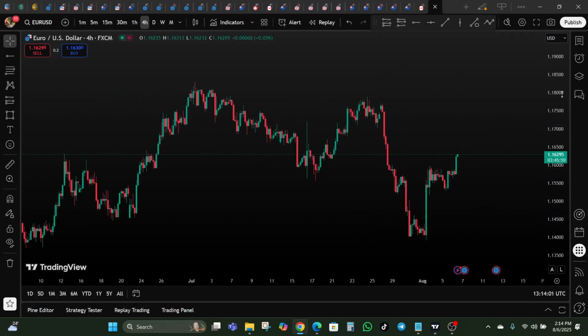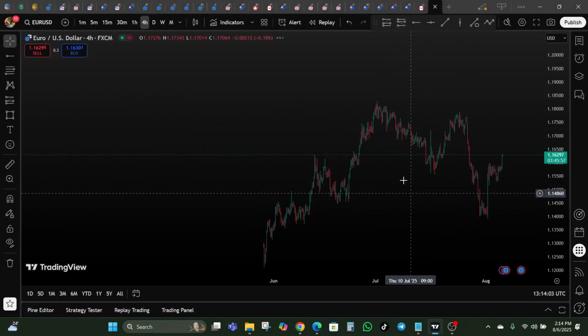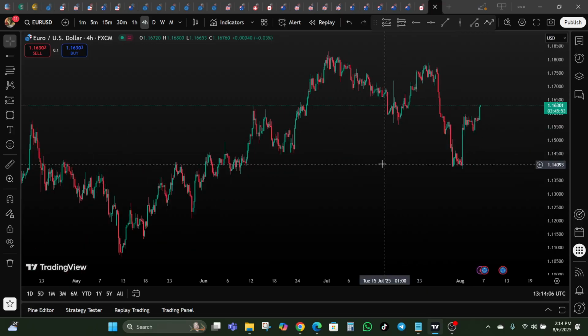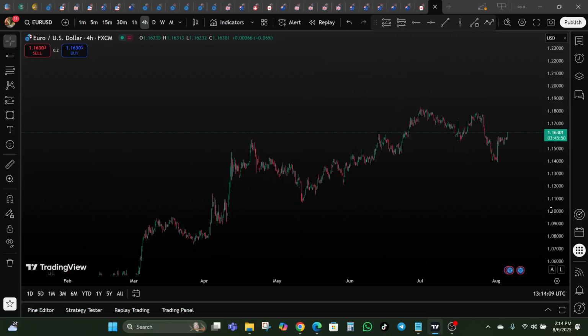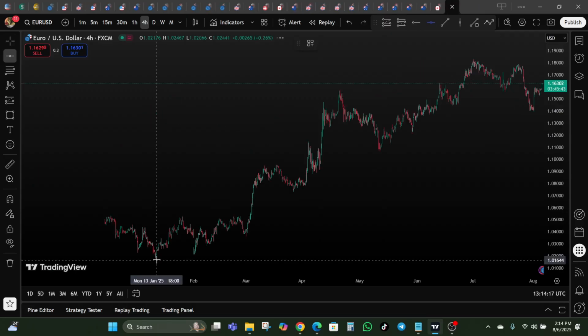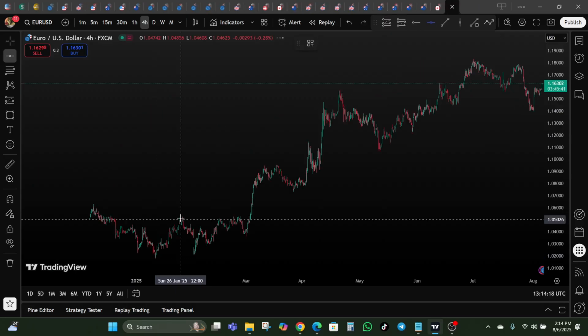Well, support and resistance zones are areas where price has reacted strongly in the past. They are not random lines.